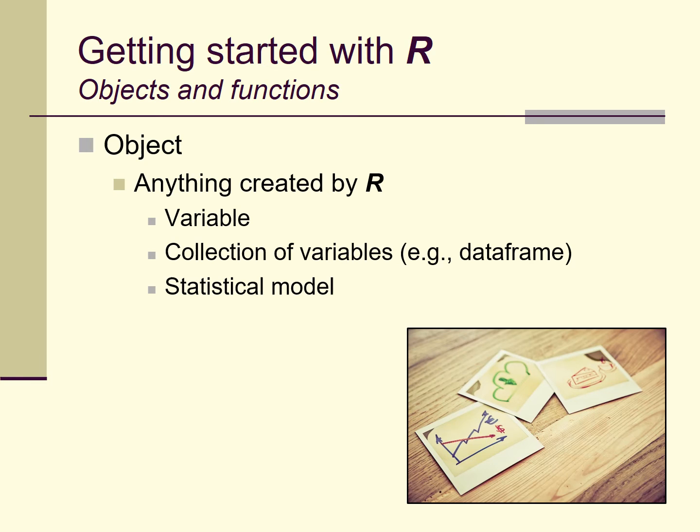It could be a collection of variables put together in a data frame, which is like the familiar spreadsheet setup that we see in Excel or in SPSS, where columns are typically different variables and rows are different cases, often participants. An object could be a statistical model, so a particular regression equation that you create to predict one variable based on a set of other variables could itself be an object that you could then work with in some other capacity.